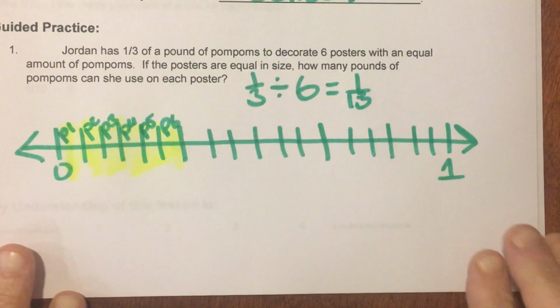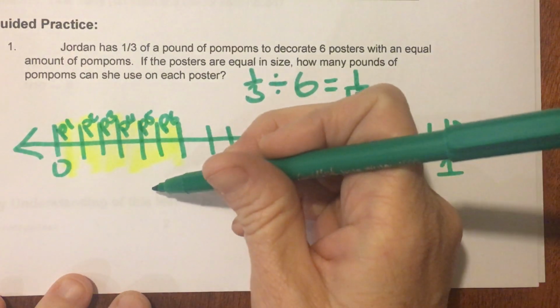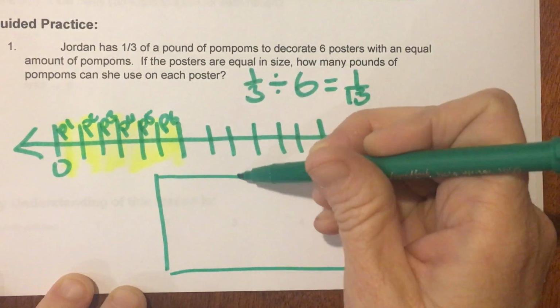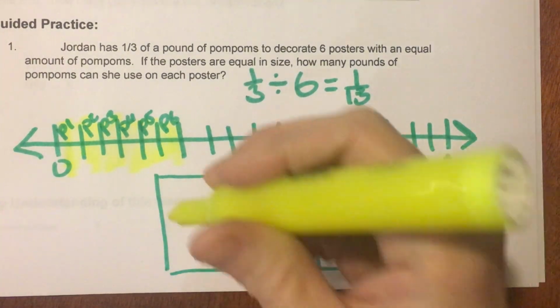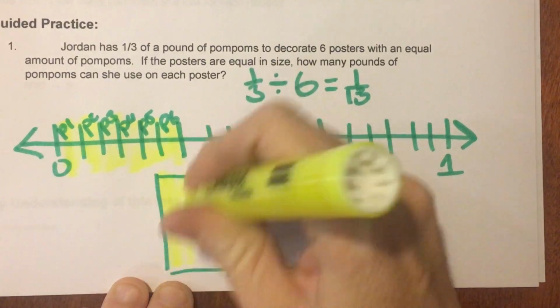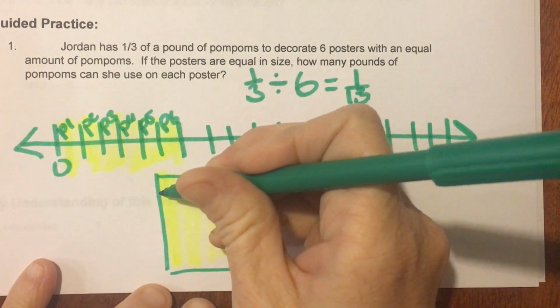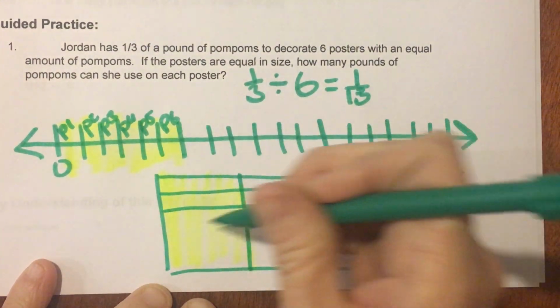Okay, let's try this using our model. So if I had 1/3 a bag of pom-poms, I'm sorry, 1/3 a pound. Here's my 1/3 a pound, and I'm going to divide it for my 6 posters.